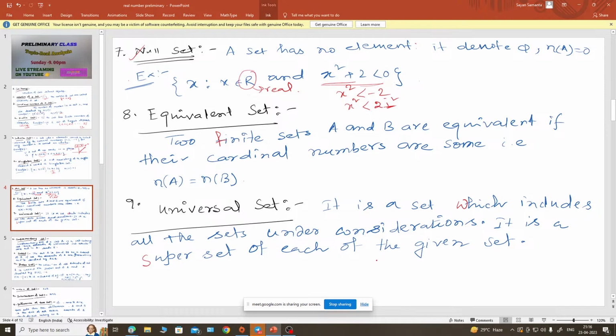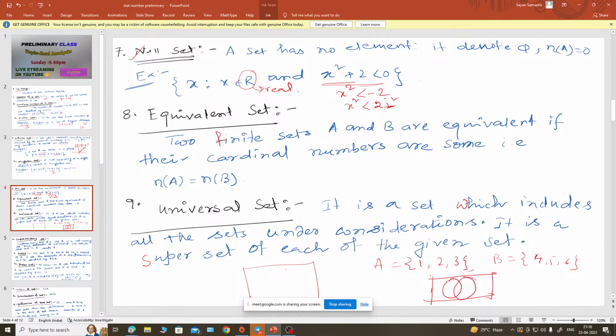If we consider given A equals 1, 2, 3 and B equals 4, 5, 6, and if we draw this graph, this is the A set, this is the B set.